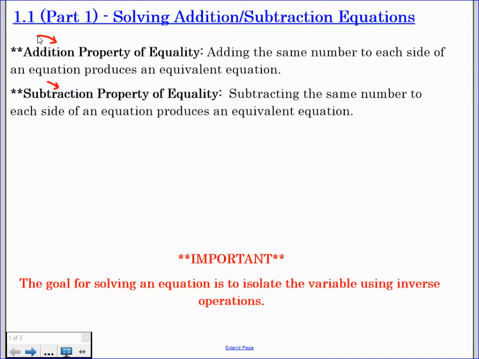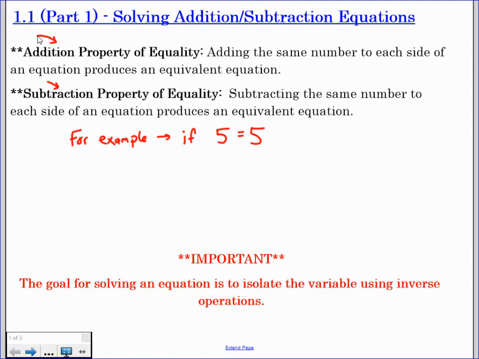So, for example, you don't necessarily have to write the definitions down or any of this down. I just kind of want to show you what I mean here. For example, this is going to seem silly, if 5 equals 5, that's an equation. It's a true equation. It's a very simple equation.